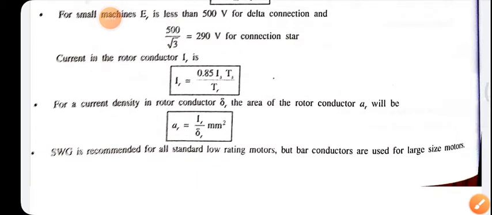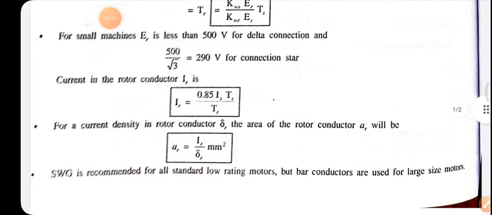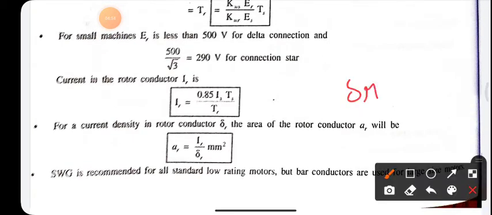And for the current density in the rotor, suppose the current density in the rotor conductor is delta R. This equation remains the same, that is the current upon cross sectional area. Since you are designing it for the rotor, we place delta R, IR and AR. So this is the equation.